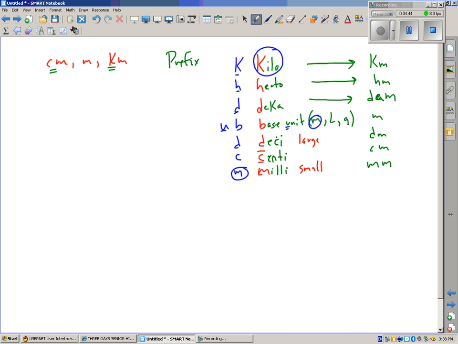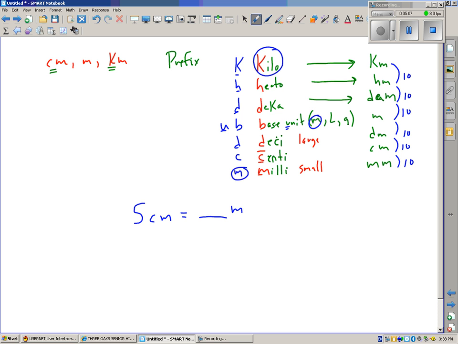Now, I tell people if the metric system had a favorite unit, it would be 10, because every time you go down or up one of these units, you're basically going by tens. So if someone said 5 centimeters is how many meters?